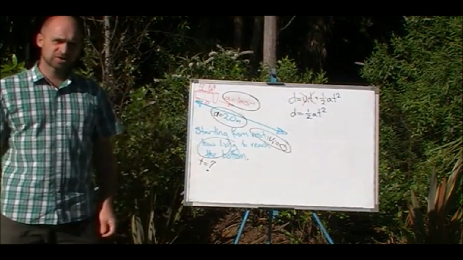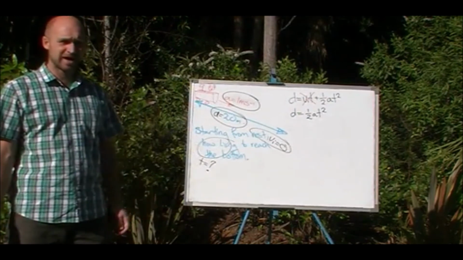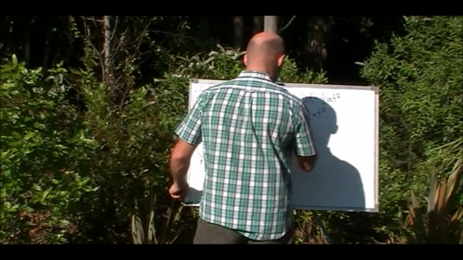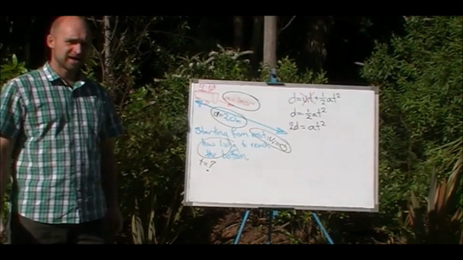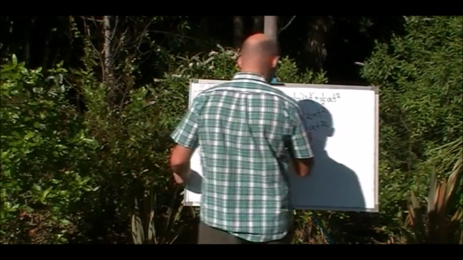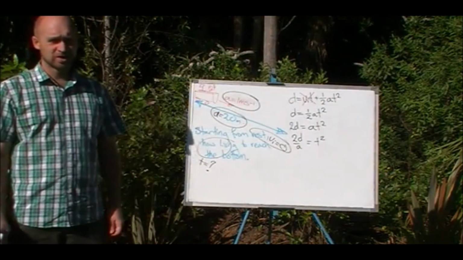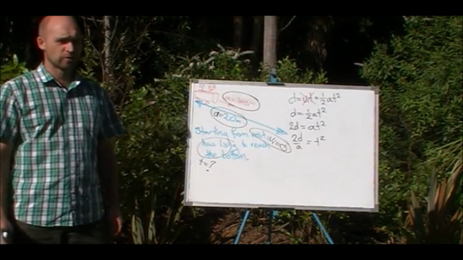And we're trying to find time. We're going to rearrange that to find T. We're going to start by getting rid of the half. How do you get rid of a half? You double it. We need to get rid of the A next. How do you get rid of times by A? Divide by A. And finally, we don't want T squared. We want T. How do you get rid of the squared? You square root.